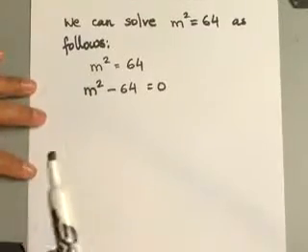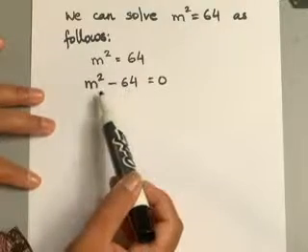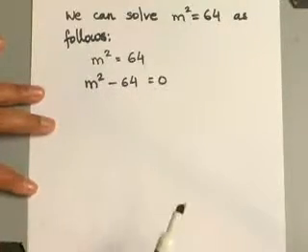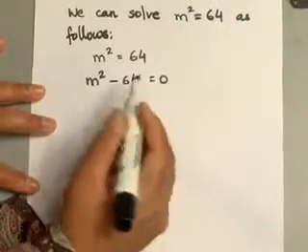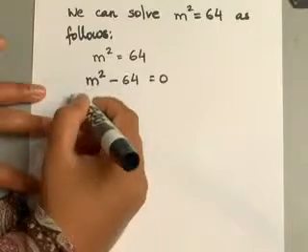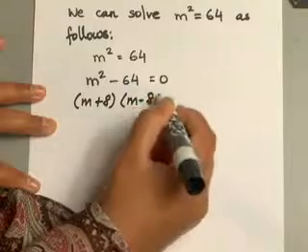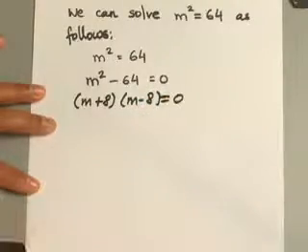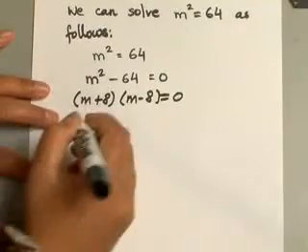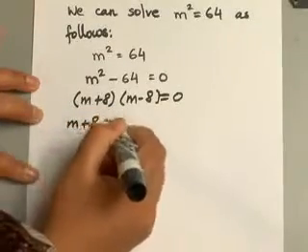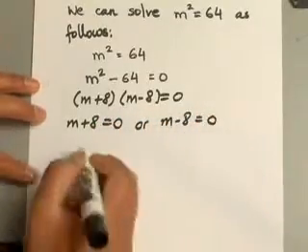If we were solving this in a traditional way, we would bring our m squared minus 64 on one side and 0 on the other. Now you can factor this using difference of squares. This will give you m plus 8 and m minus 8. Then applying your zero factor property, you can say m plus 8 equals 0 or m minus 8 equals 0.